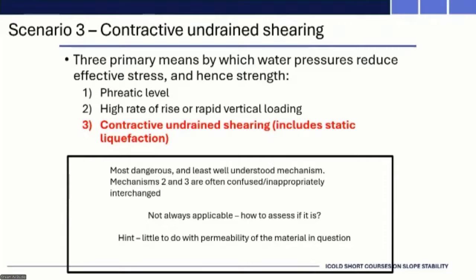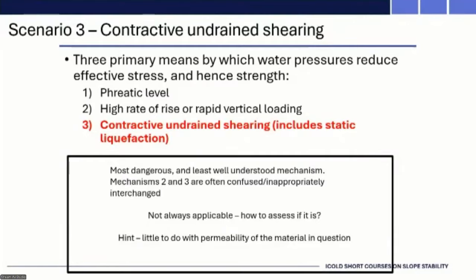Again, it has very little to do with the permeability itself. It's not as though you cannot get this phenomenon if you have a high enough permeability, because it's the balance between the rate of application and the rate of dissipation. Remember that. Come back to that one slide I mentioned today.